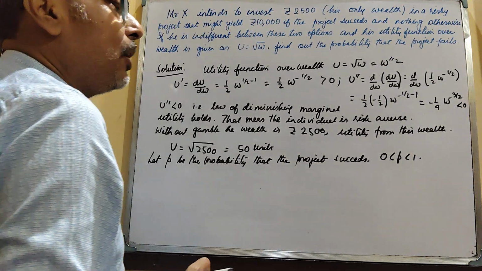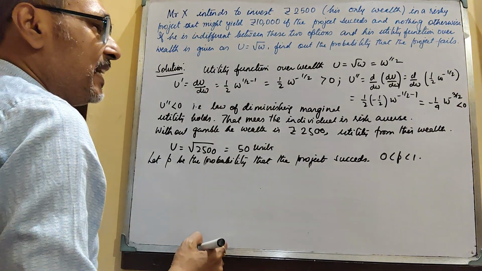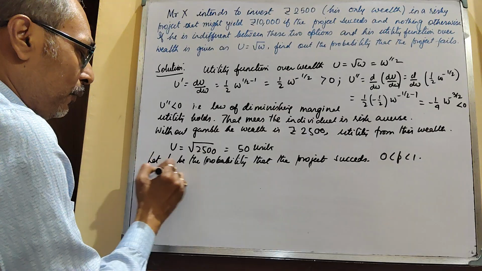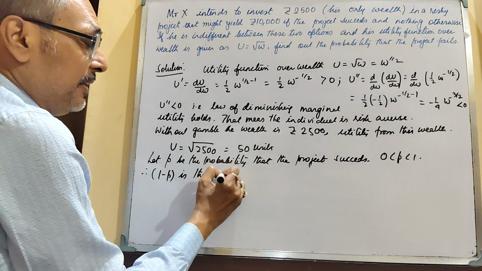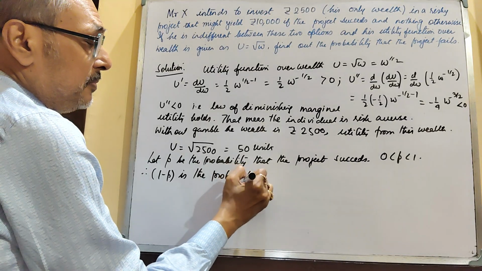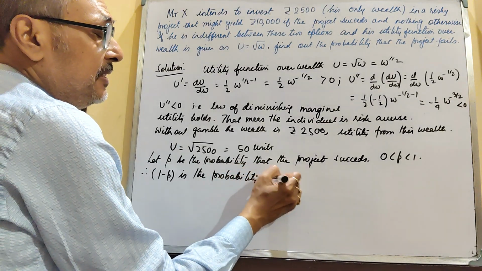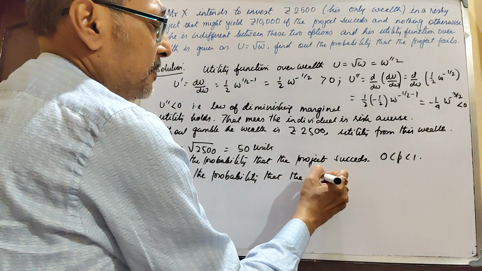Therefore, the probability of failure of the project is 1 minus P. Therefore, 1 minus P is the probability that the project fails.